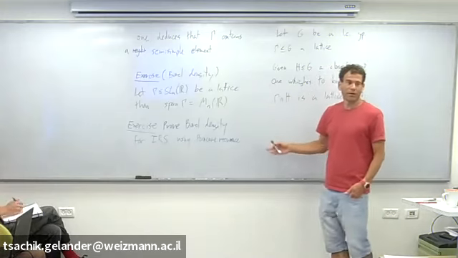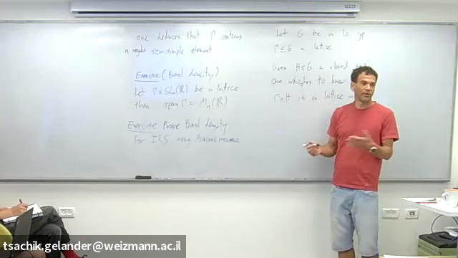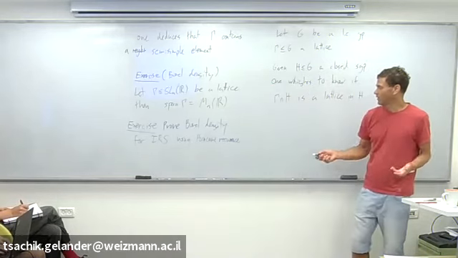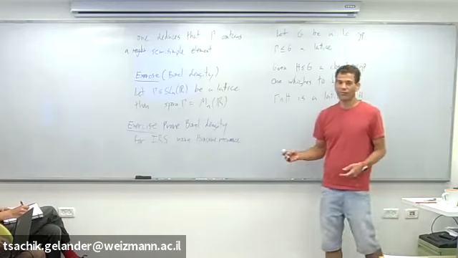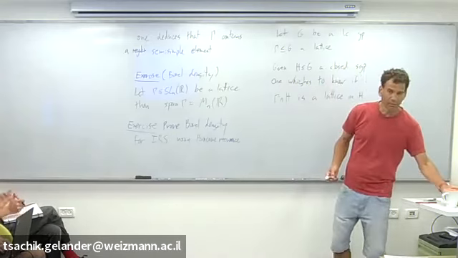Z square is a lattice in R square. If you take a general line with an irrational slope, the intersection would be trivial. But if you take a line with rational slope, it will intersect it in a lattice.